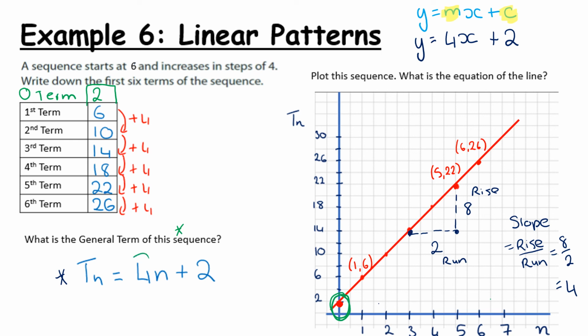So we know already that this 4 comes from the common difference here. So remember, this is common difference. That is always what goes in front of the n. The plus 2 is like the y-intercept, and to get that, we can go back one more step to get the 0 term. In some questions, you may already have the 0 term.